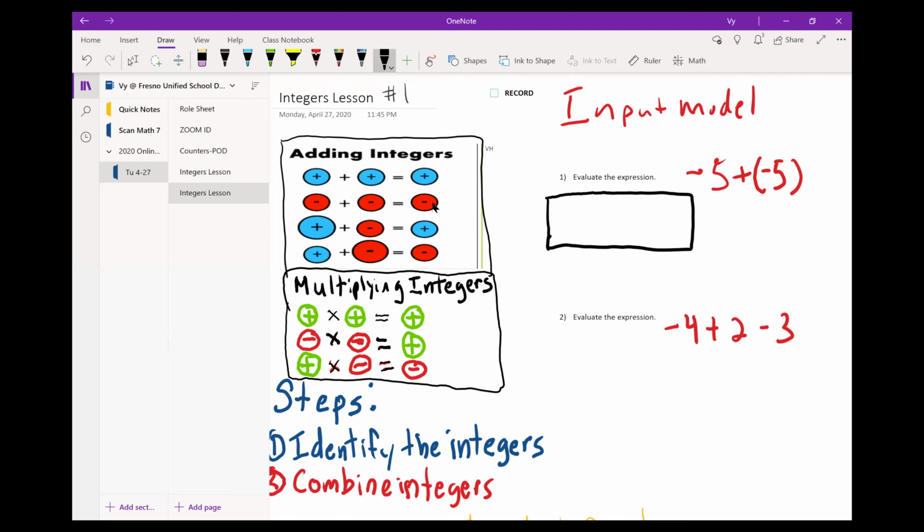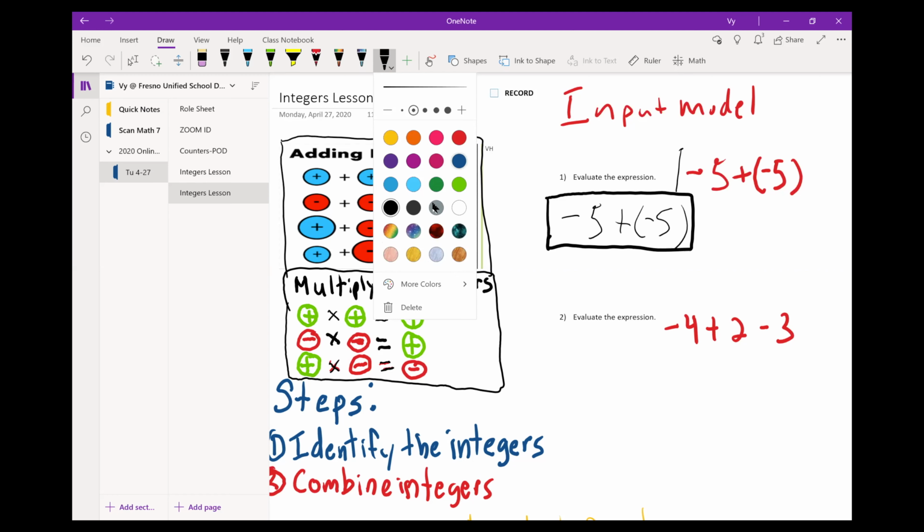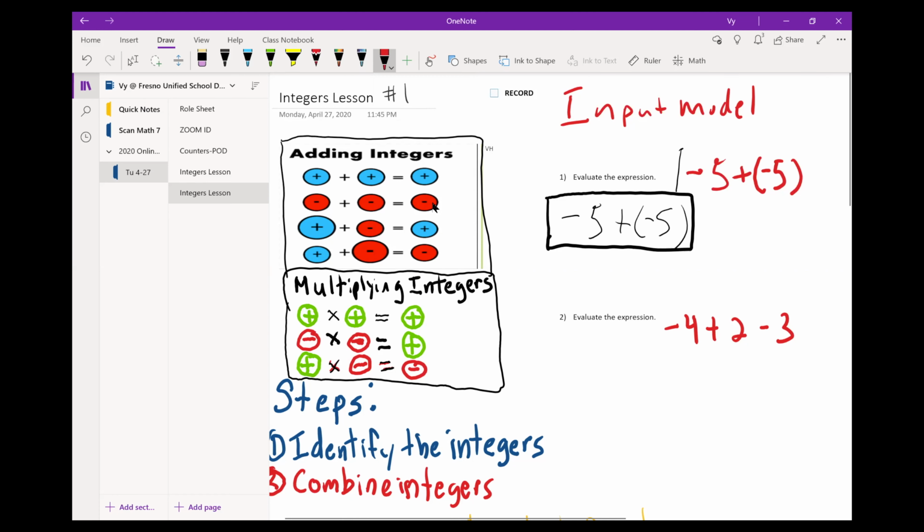The first thing I'm going to do to identify the integers is I'm going to box it, right? So let me rewrite this real quick. -5 plus a -5. Okay, so I'm going to box it. Then afterwards, I'm going to identify each integer, right? Because step 1 is to identify the integers.